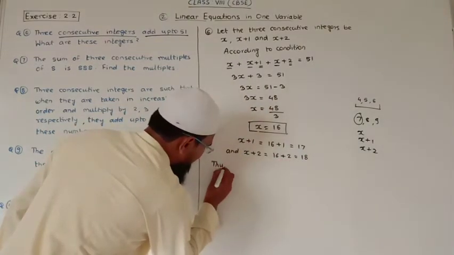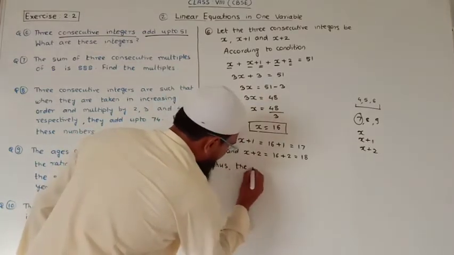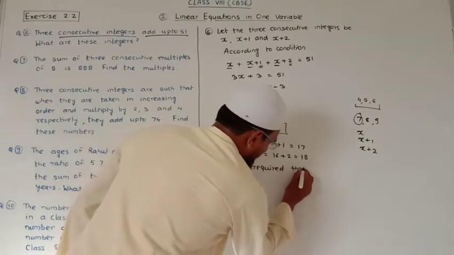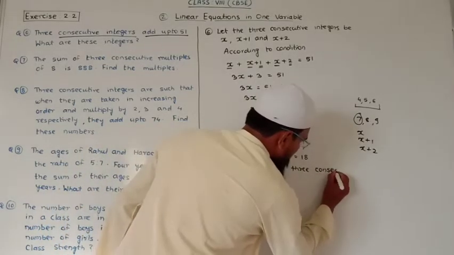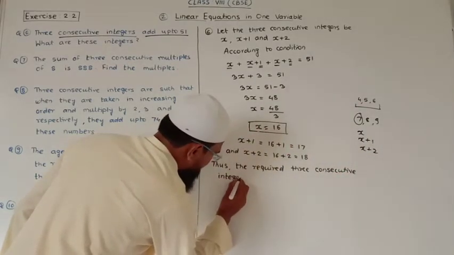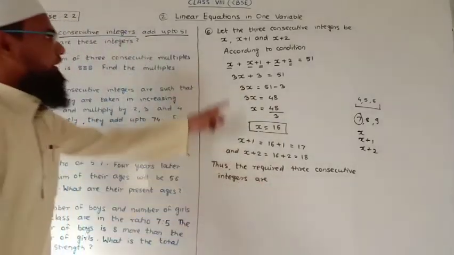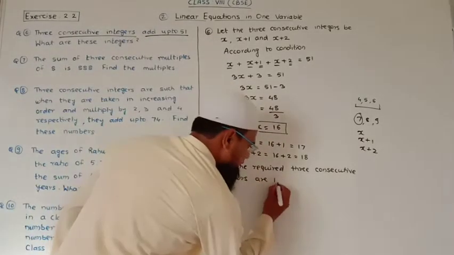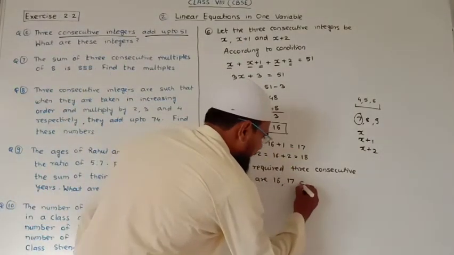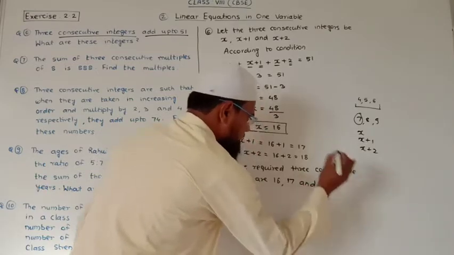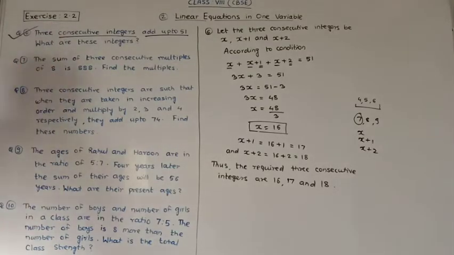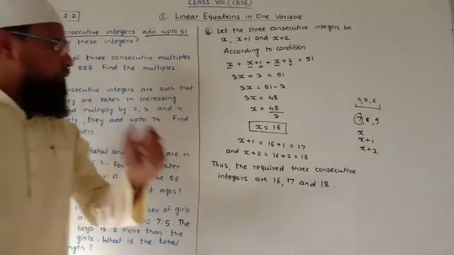So we can write, thus the required three consecutive integers are x which is 16, after that x plus 1 which is 17, and the last one is 18. In this way we complete question number 6 of exercise 2.2.